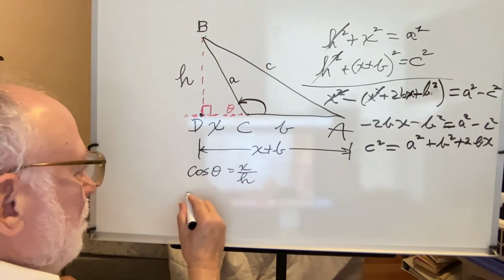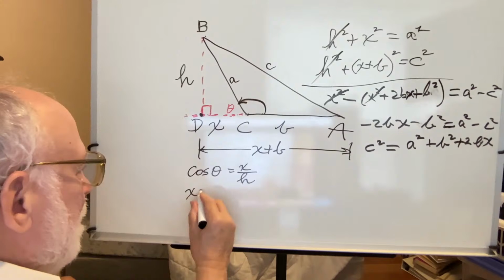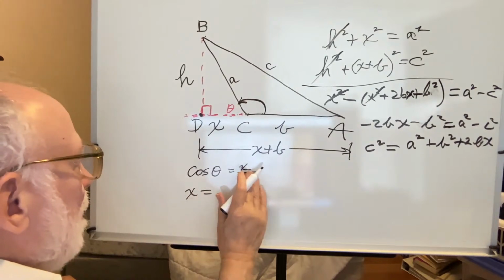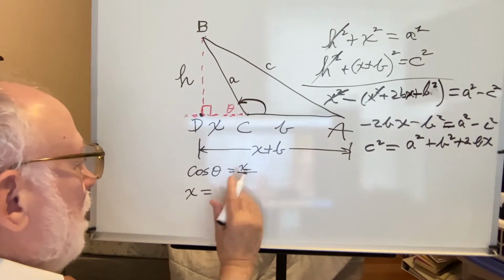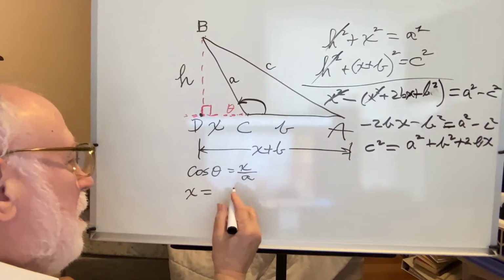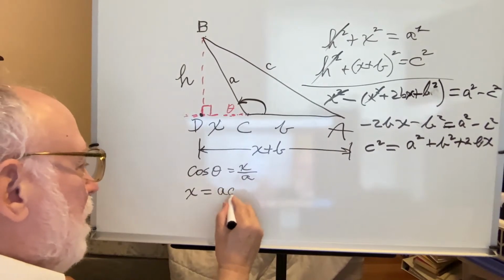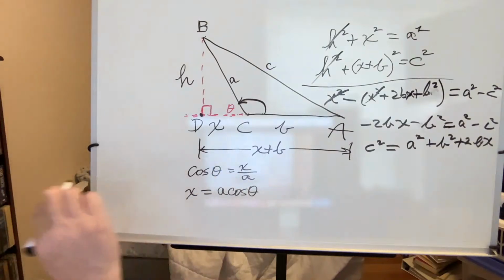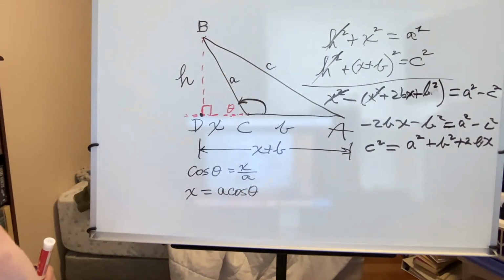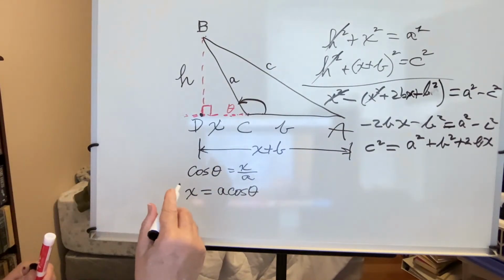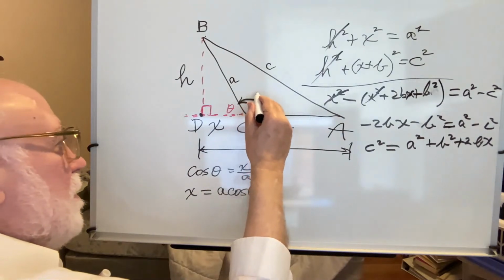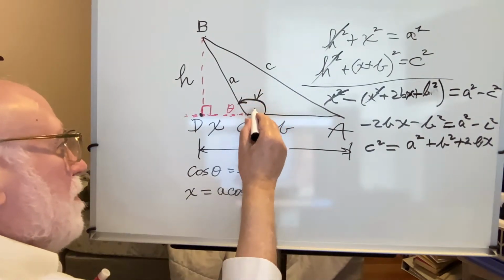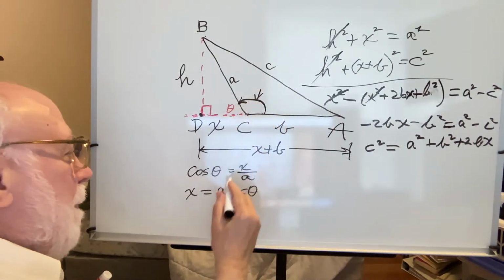So x is adjacent over hypotenuse. The hypotenuse is a. So x is going to be a cosine theta. But what is theta? Theta is 180 minus this angle C, the supplement of theta.